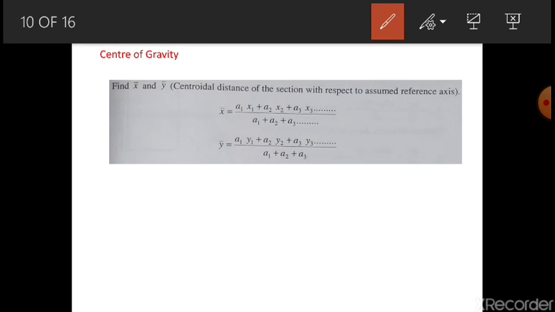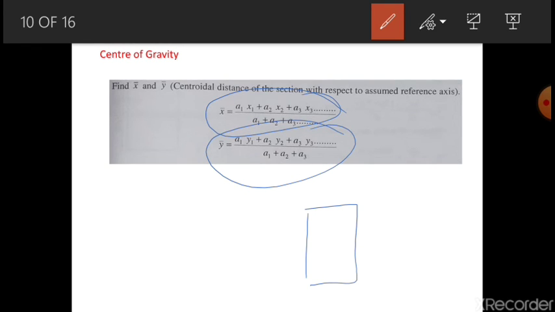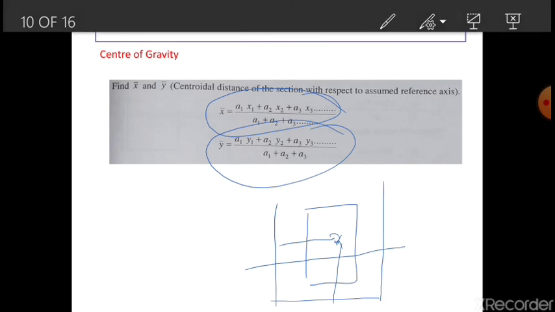But this is your formula to be kept in mind for x bar and y bar. These x bar and y bar are measured from the reference lines. You will find x bar in this direction because this is your x axis, and this is your y bar because this is your y axis. When they meet at a point, that point will give you the centroidal point.